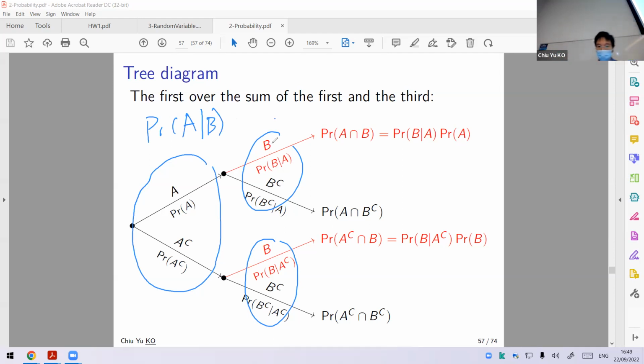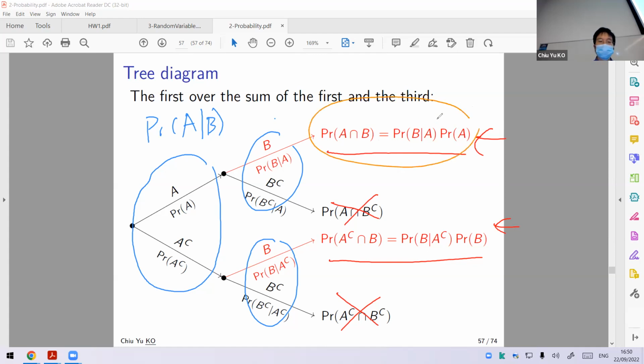If B happens, only these two branches are relevant, because the other two cases are unrelated to B. So the probability of A is just the ratio, because the sample space is only these. Basically Bayes' rule tells you to call this X and this Y, and the answer is X over X plus Y.